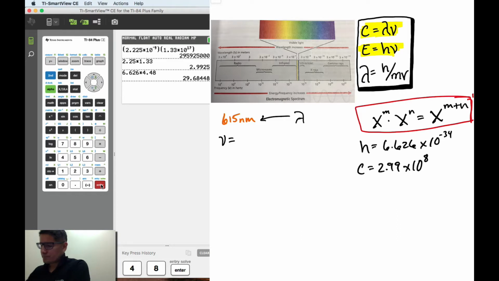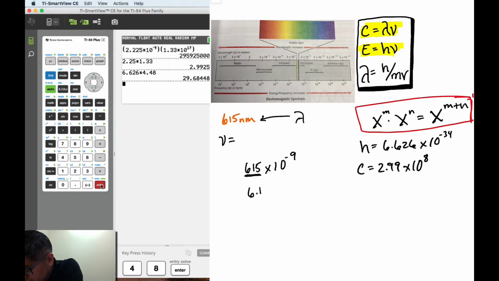Okay, so again, I'm identifying what's been given. I have lambda. Now, this is 615 nanometers, so it's times 10 to the negative 9, right? So again, this number is not between 1 and 10, so I need to make it that way.